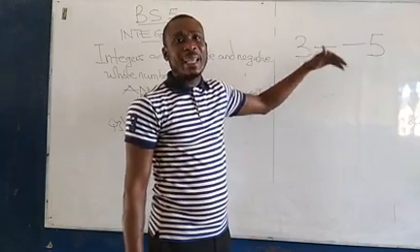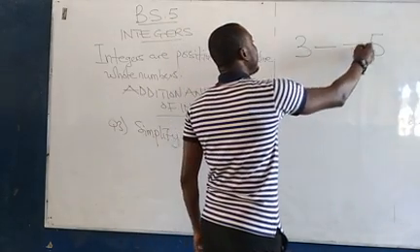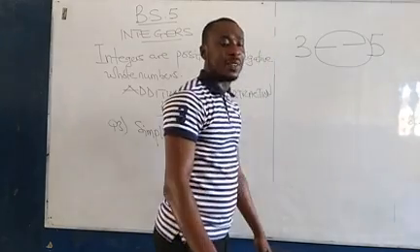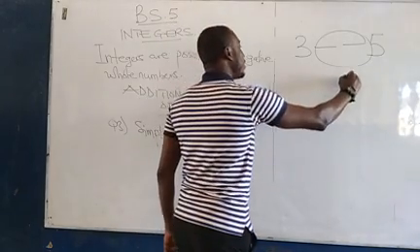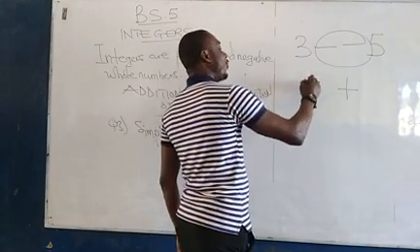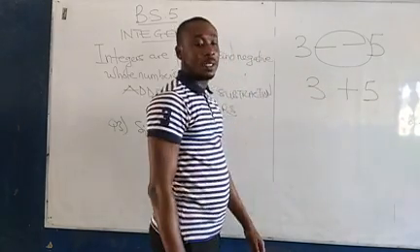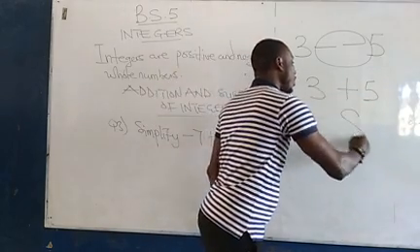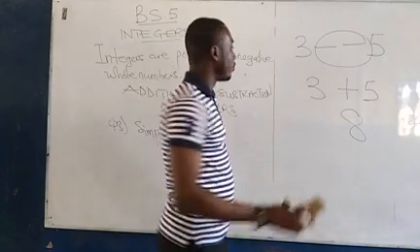And when we have 2 negatives in the middle of 2 numbers, the rule says that the 2 negatives should turn to addition. So here becomes plus. Then what will be 3 plus 5, and that gives you what? 8. Let's try another one.